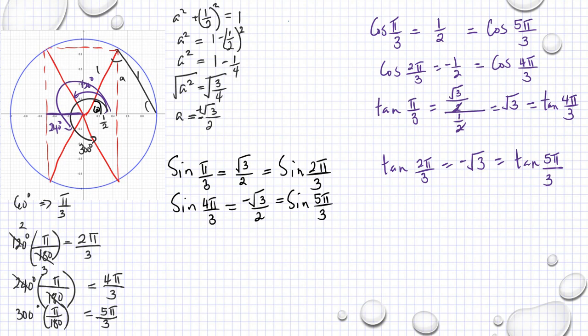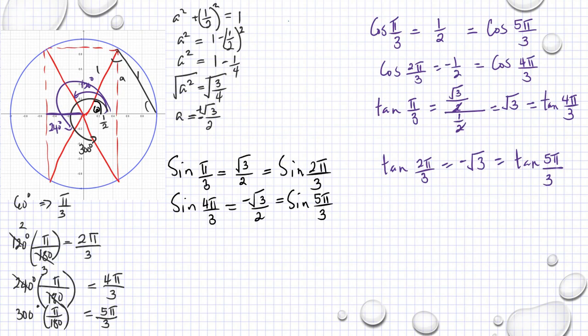Okay, we're going to take a look at the special angle 30. It's very similar to what we did with 60. So I put an equilateral triangle here. And then let's see what we can do.